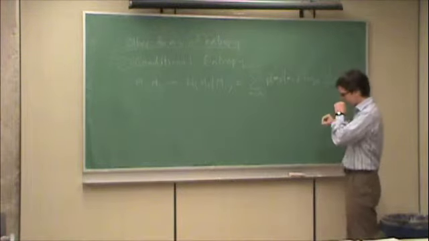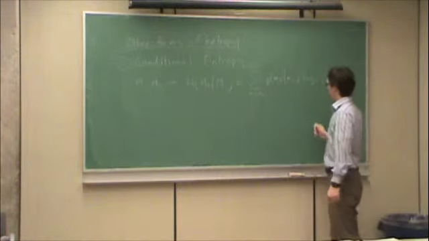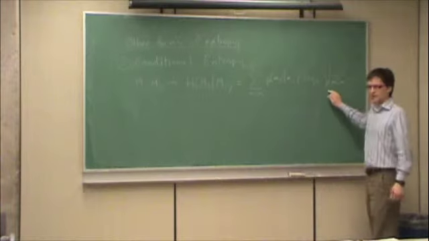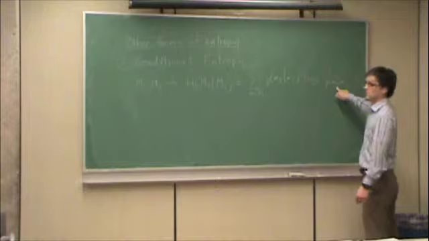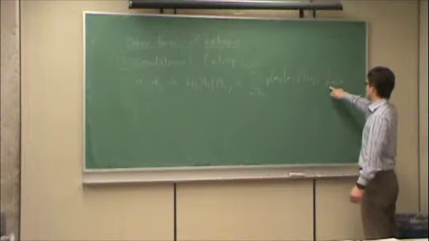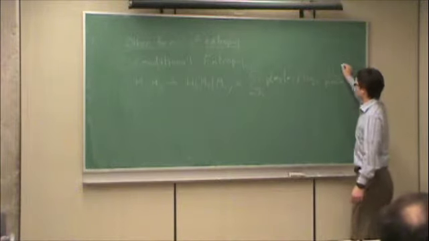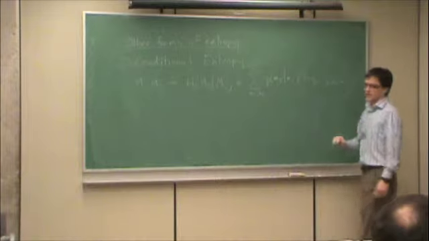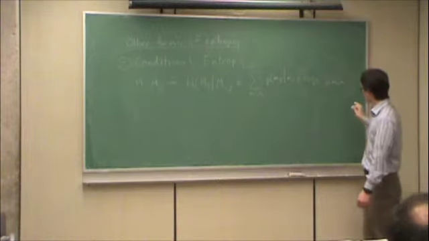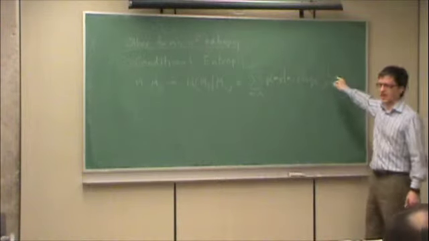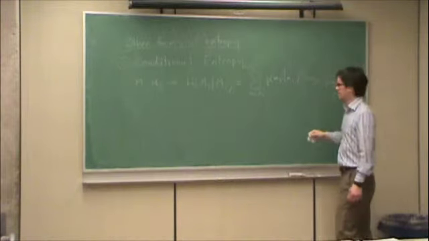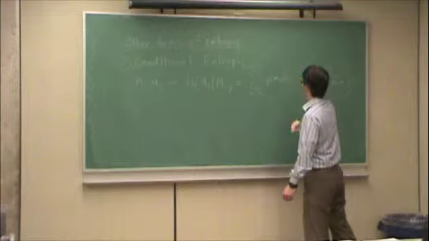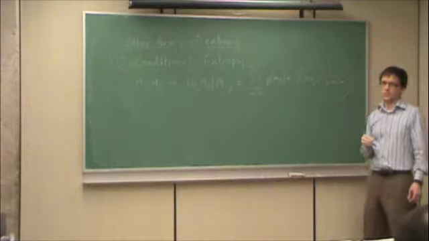Remember, let me back up a second. The optimal length of any code word is log base 2 of 1 over the probability. The probability here is P M2 given M1. So this is the correct average length. But what I'm doing is taking the average over that, and this is a function of both M2 and M1. So therefore this has to be the joint probability over M2 and M1.